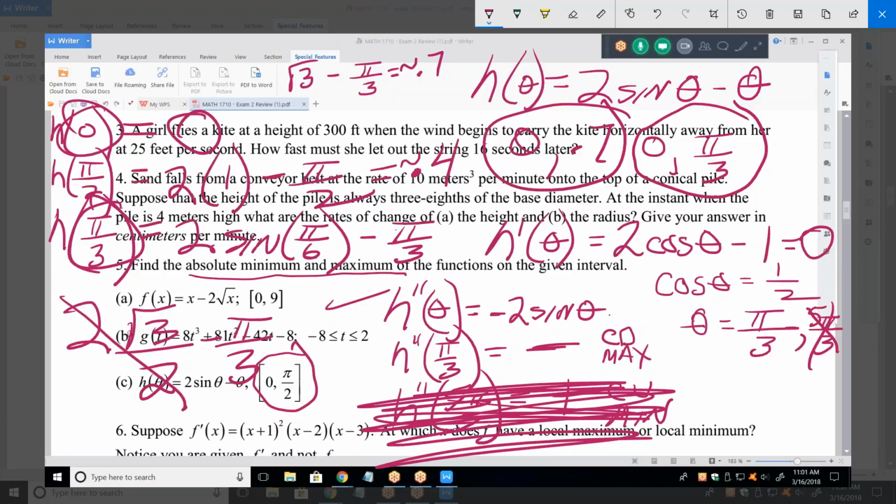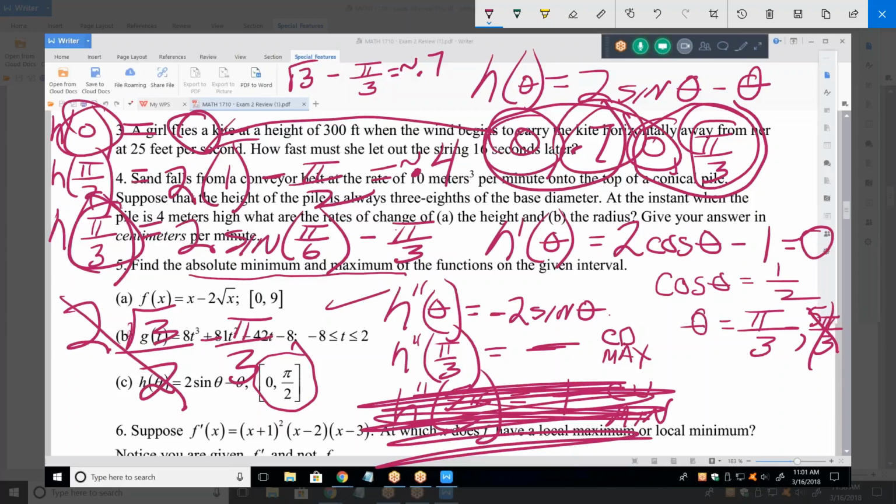Yeah, for sure. The minimum occurs when theta is 0 and it results in a 0 y. If I want to graph this, those points would be defined in terms of x and y. So your first answer is that one paired with that 0. And the second answer is pi over 3 paired with the 0.7.